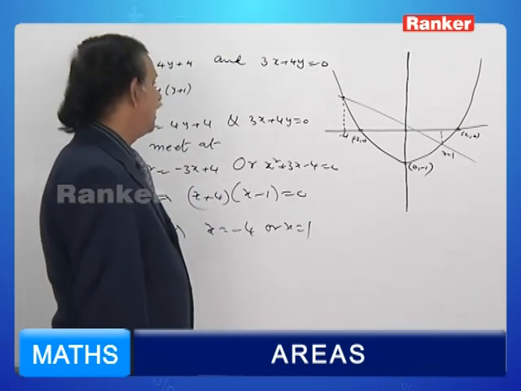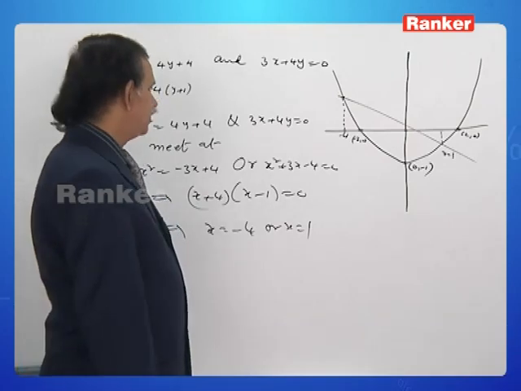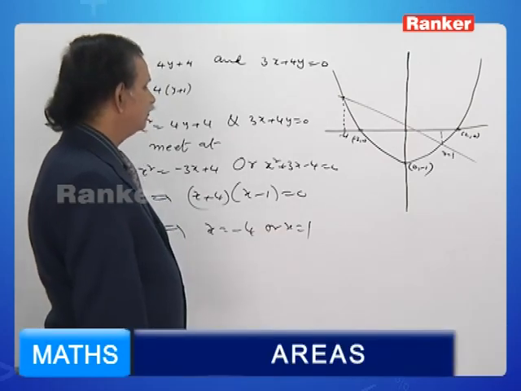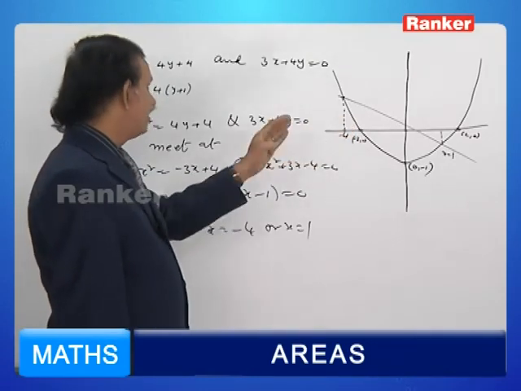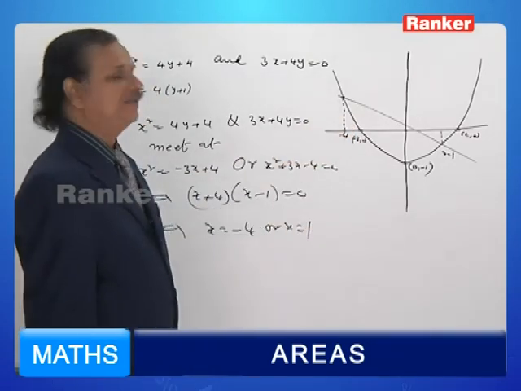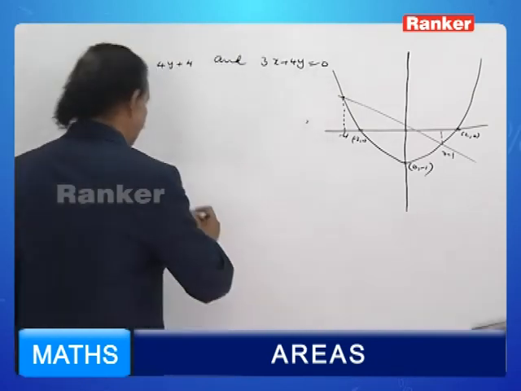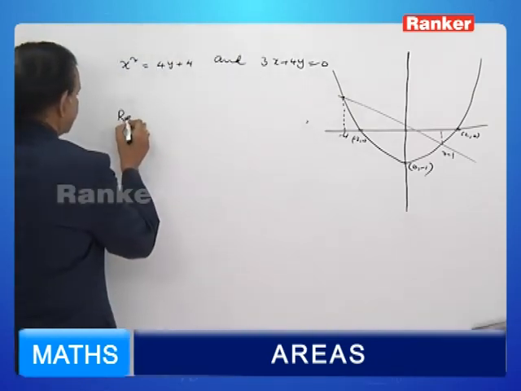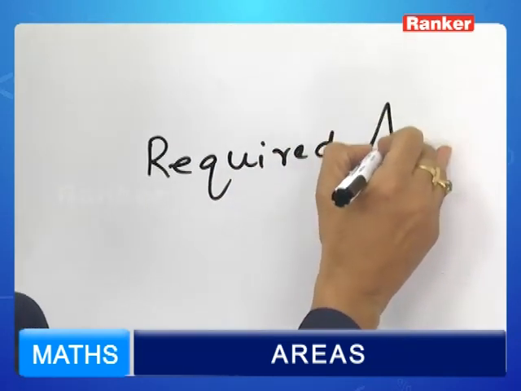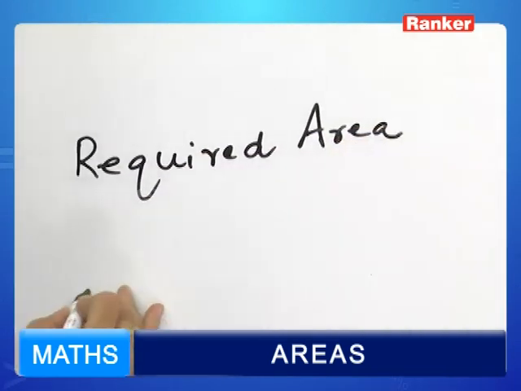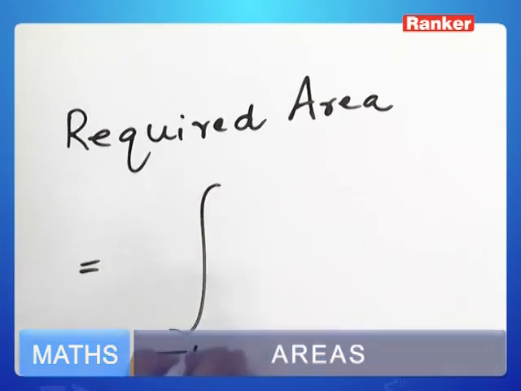And the thing to be integrated is the integral from minus 4 to 1, y from the equation of the line and y from the parabola. Therefore, required area is equal to the integral from minus 4 to 1.